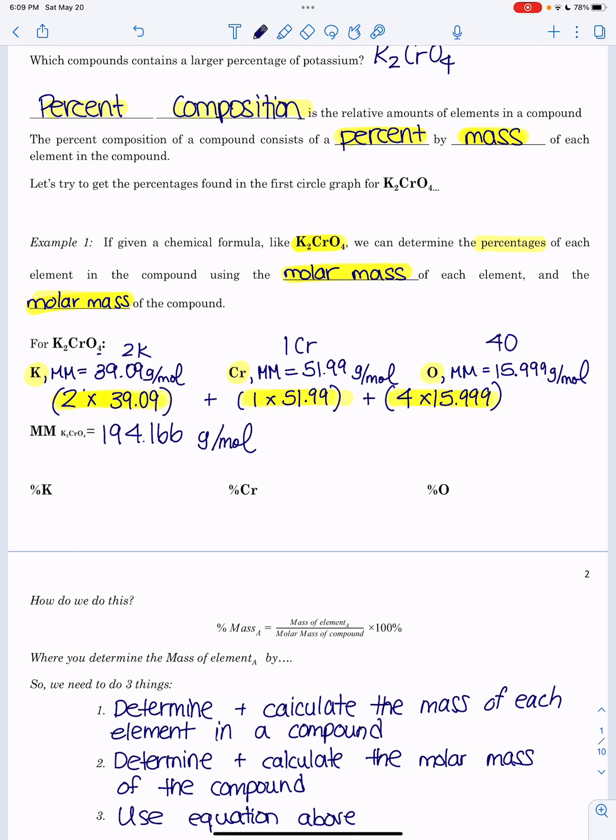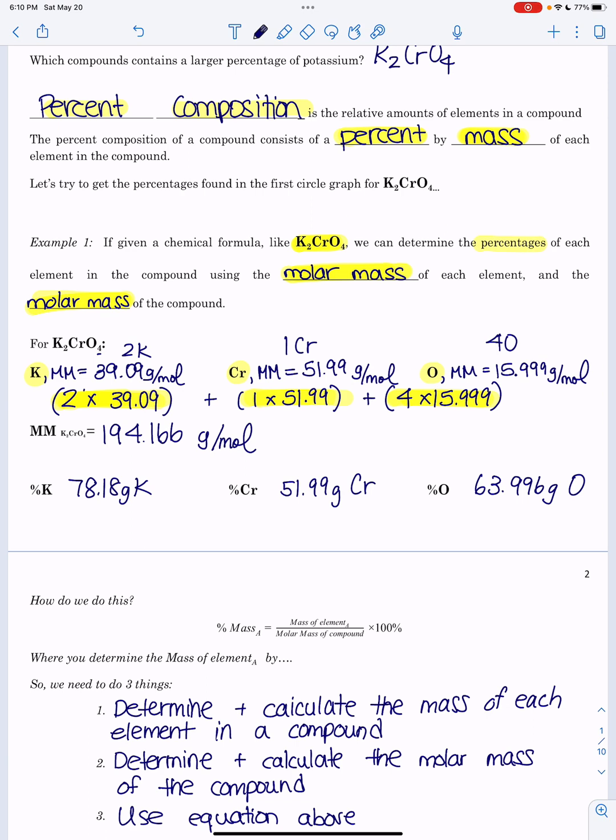In this molar mass of K2CrO4, there is 2 times 39.09 grams of K. That is 78.18 grams of K. There is 51.99 grams of Cr, and 15.999 times 4, there is 63.996 grams of O. And if we add these three numbers together, let's just double check, 78.18 plus 51.99 plus 63.996, we get our molar mass of 194.166.